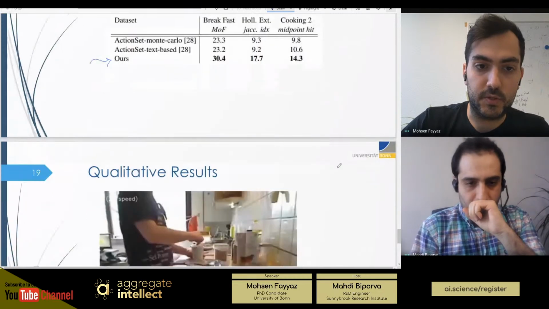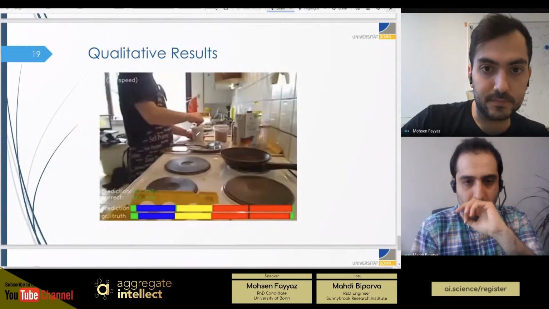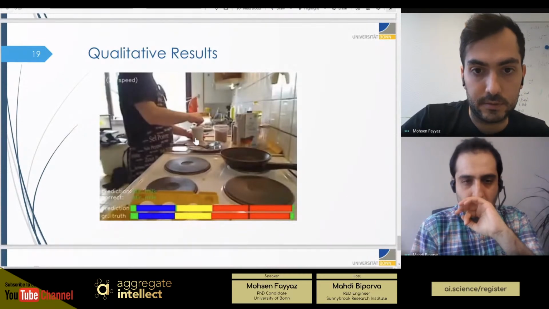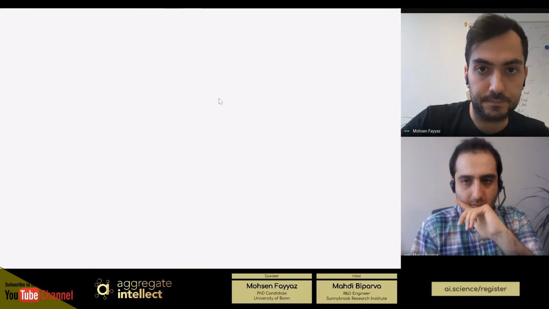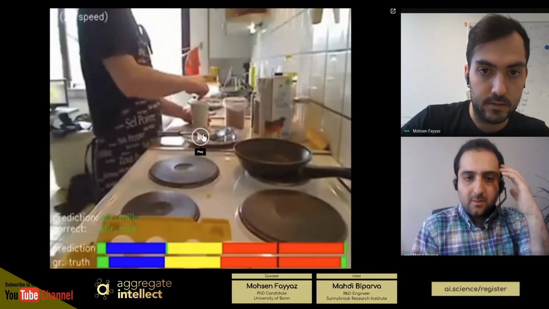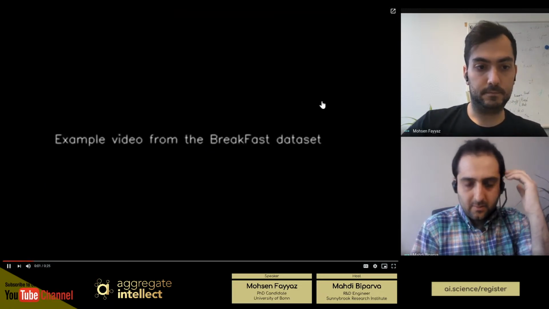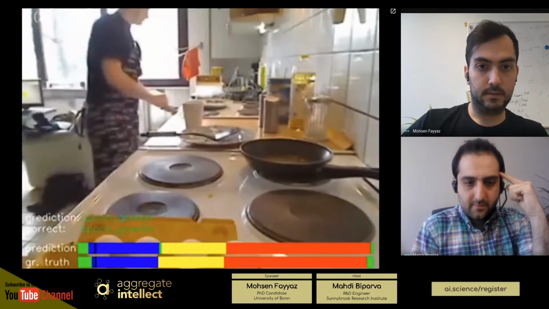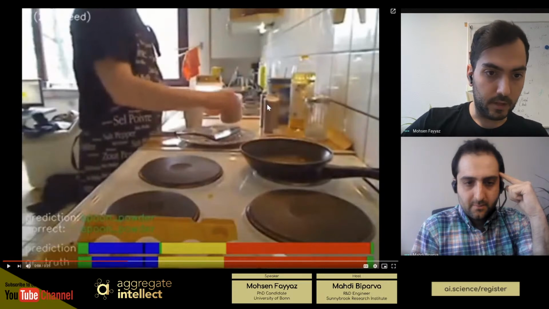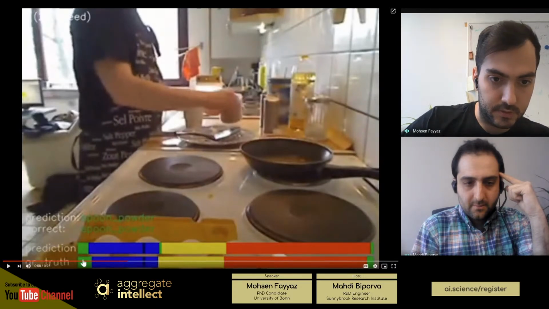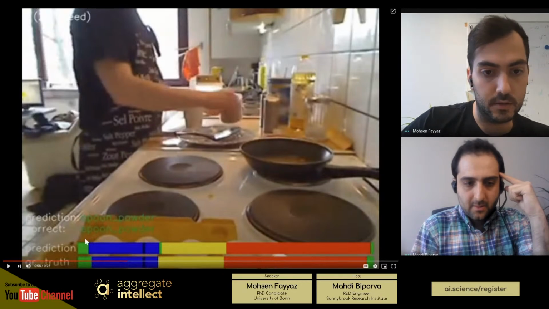And so let's see some qualitative results. It is somehow in fast mode. As you can see, this is our prediction. This is the ground truth. So this green part is background.